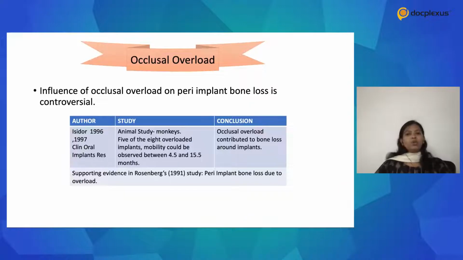Occlusal overload does contribute to bone loss around the implant. So you need to educate the patient as to how much load you can give. And you need to talk about the bite force so that the patient can avoid biting too much on the implant regions.